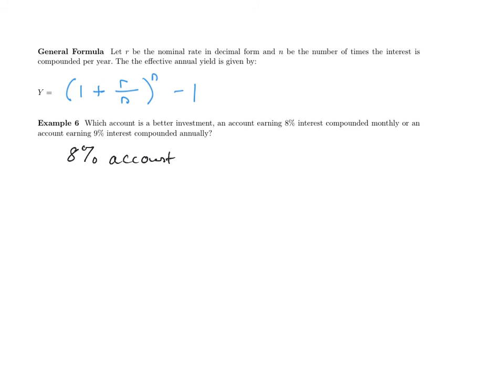So for the 8% account, if we compute the effective annual yield, it is equal to 1 plus, here's 8% as a decimal, and we're considering it monthly, raised to the power of 12, and we're subtracting 1. I'm going to directly enter this entire expression into a calculator, and then we'll see what number we get for y. So I'm using the Desmos scientific calculator.